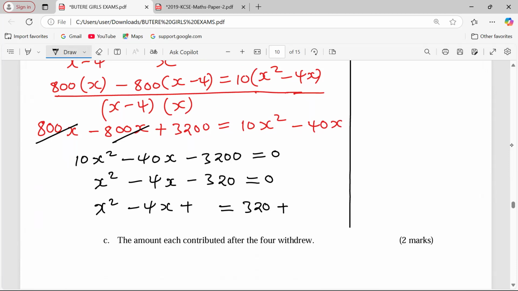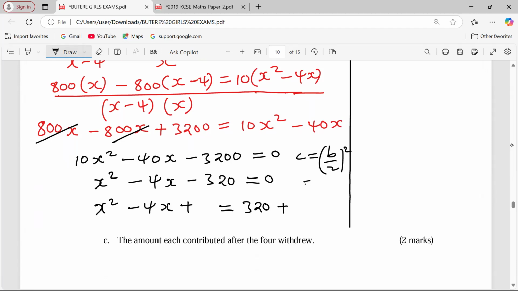And how do we get a perfect square? A perfect square expression is such that if the coefficient of x squared is 1, then the constant c is usually given by b over 2 squared.